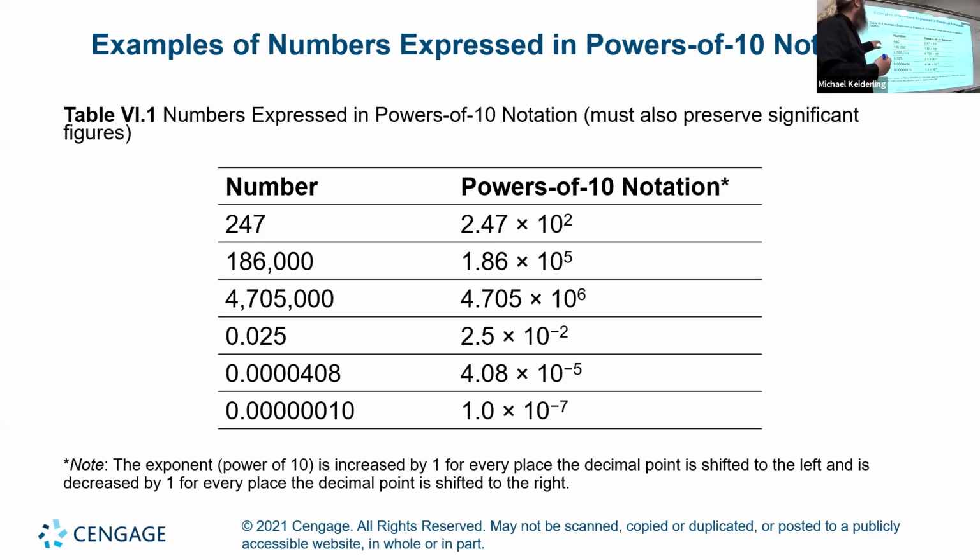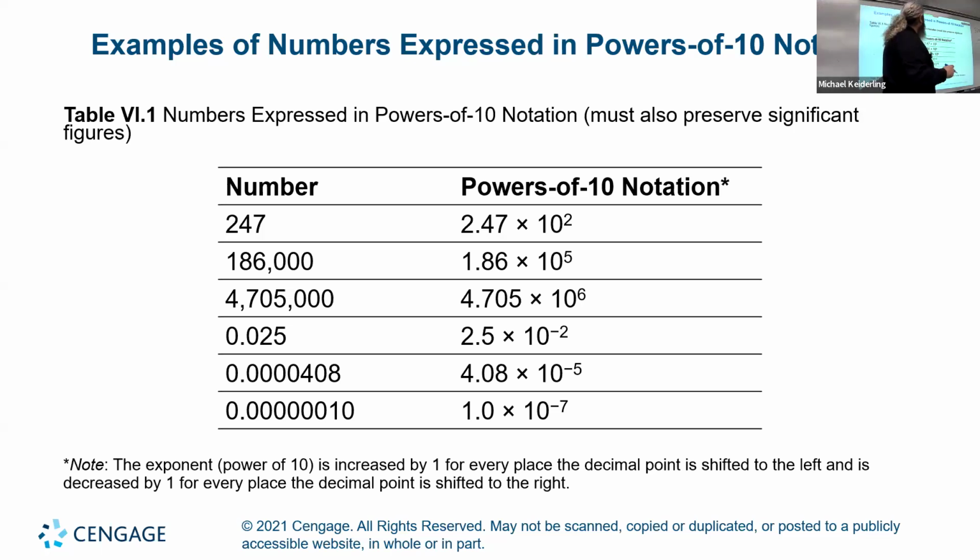It starts out as 0. You can think of this as 247 times 10 to the 0, because 10 to the 0 is just 1. So multiplying by 10 to the 0 does nothing. Here we have 186,000. So here, the decimal point starts here. We go 1, 2, 3, 4, 5 places to the left.